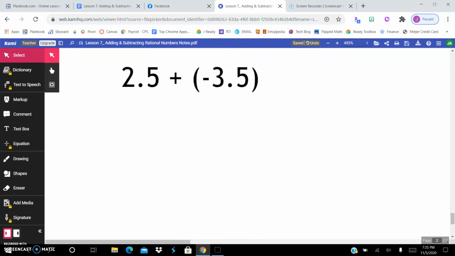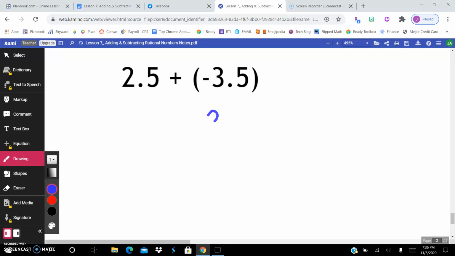This one we have 2 1/2 plus -3 1/2. So we have the positive number in front, and we're going to subtract 3.5 from it. 2.5 plus a negative 3.5. So what we could do is remember the rule from when we were adding and subtracting integers, and remember that if they were different signs, I could ignore the negative and do the big number minus the little number.